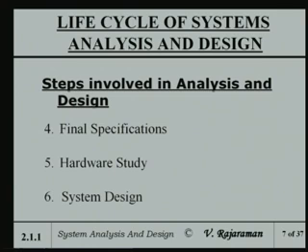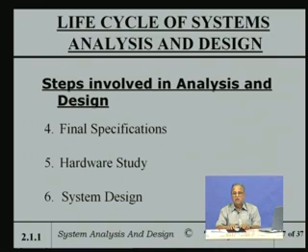In other words, the requirement specification which is arrived at is the preliminary requirement specification, and we have to look at the feasibility of meeting that requirement, and that requirement may be met in several ways, and we have to find out the best alternative, and only after we find out the best alternative we draw up the final specifications of what is going to be the final system which will be implemented.